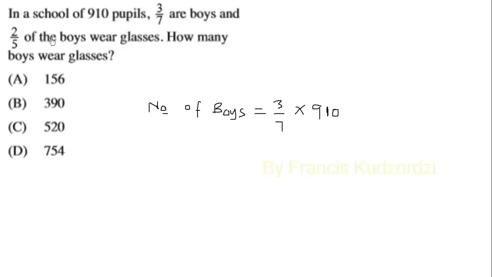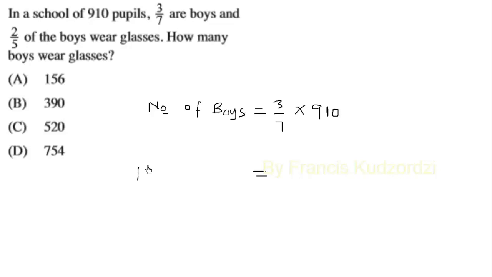Now let's keep it like this for the meantime. We are given that 2 over 5 of the boys wear glasses. So this is the number of boys in the class. For easy calculations, we want to leave it like this. 2 over 5 of the boys wear glasses.